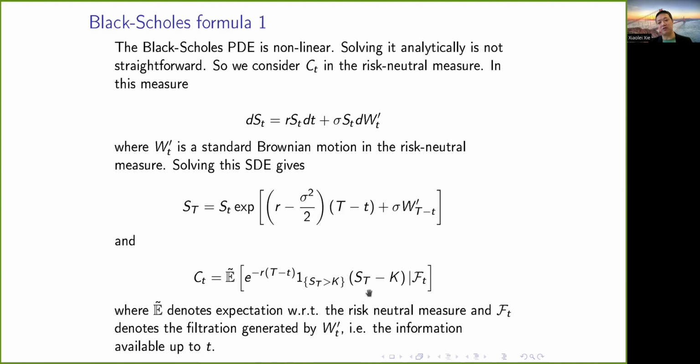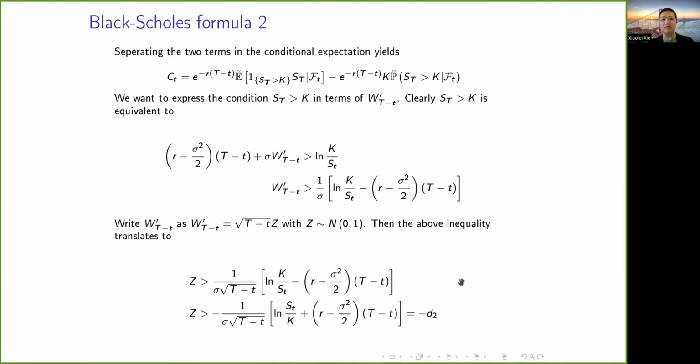And of course, we need to take this conditional expectation with respect to the information that's available up to the time of pricing, which is denoted as t here. So next, we can evaluate that conditional expectation. To do that, we can separate the two terms in that conditional expectation, and we have this expression here.